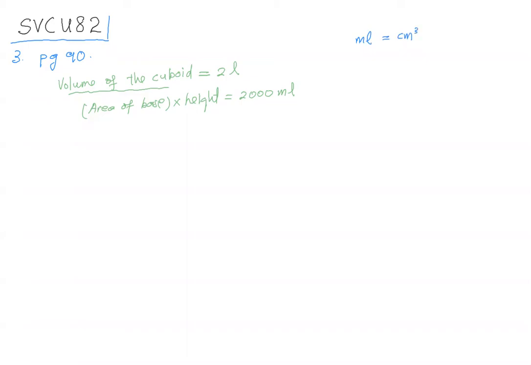So now I can say the area of the base is a square, so it will be x squared times by the height, which is y. That is equal to 2000 centimeter cube.